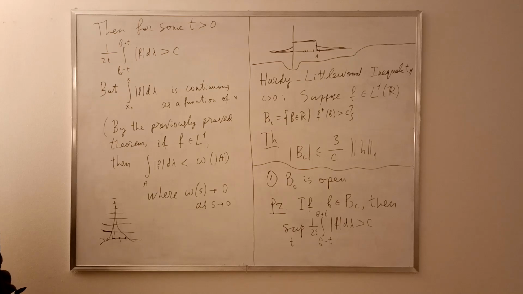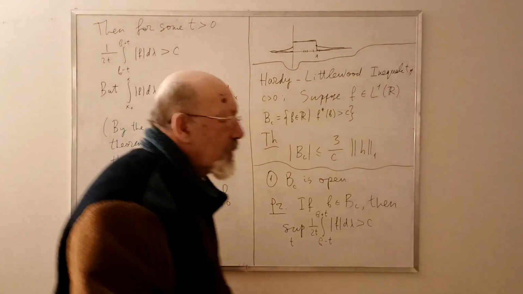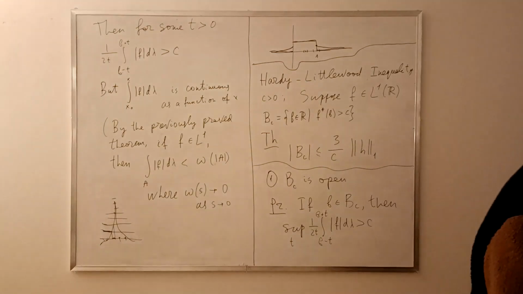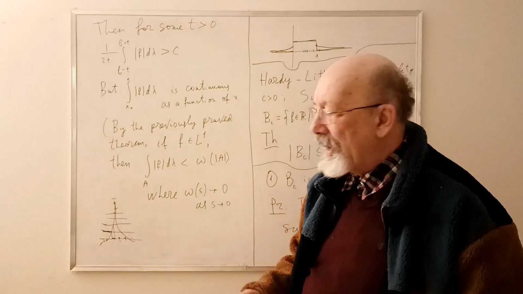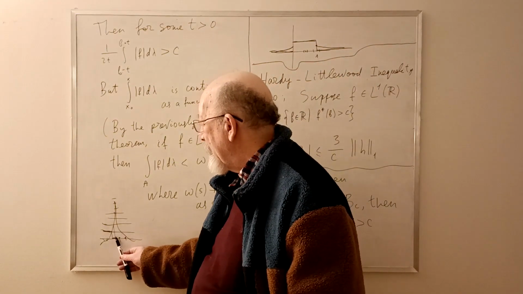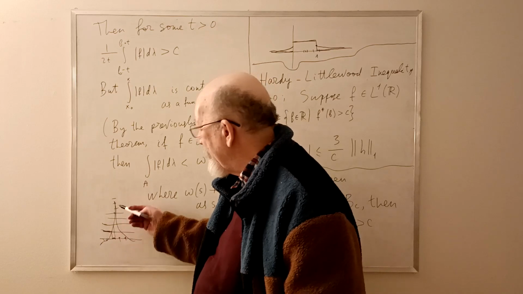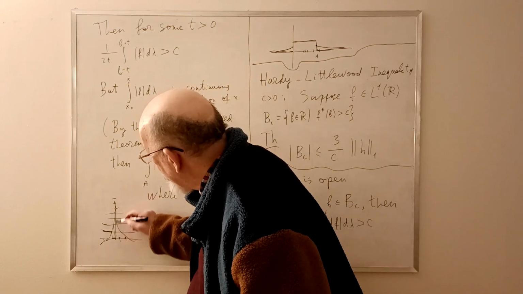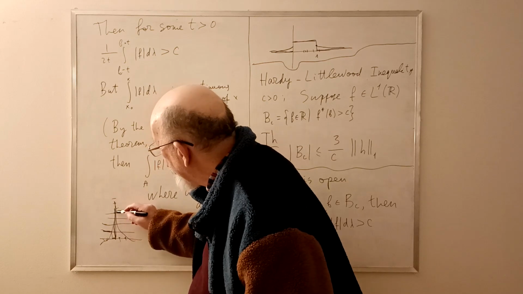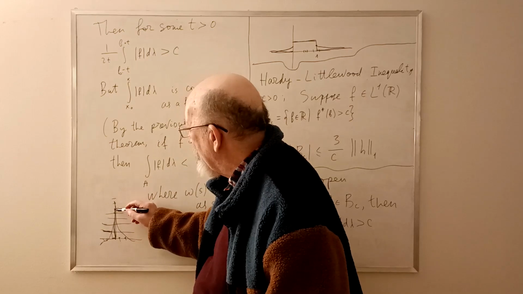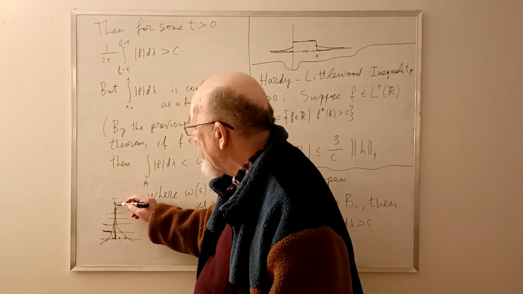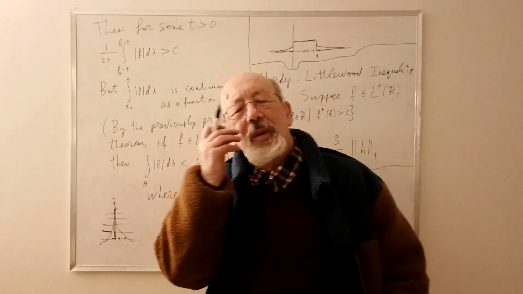This is why we have this result, but the function omega of s goes to zero quite slowly, because the integral converges, but it can converge slowly. The measure of the set where this function is large can be small, but the integral is still large. It is finite, but still large.